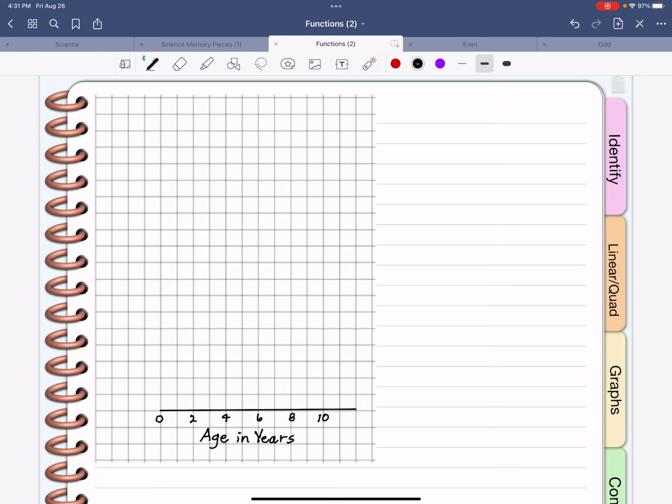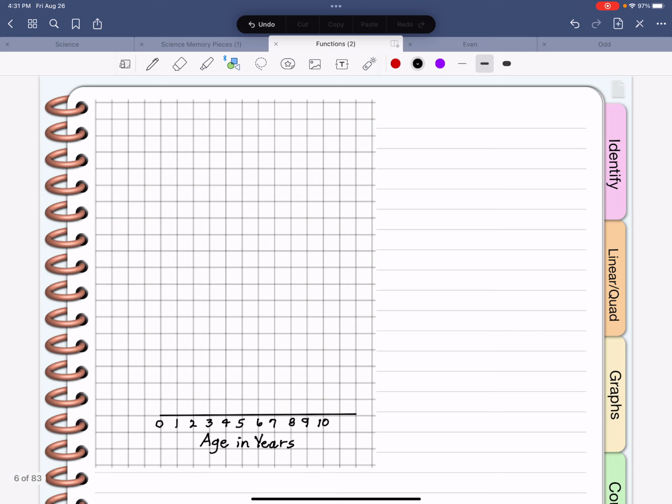So up to 10 years old, we have a marker, a label. We could plug in these missing values. They've just left out the odd numbered years for easier to read graphs. But it is scaled in single years. Each line over is 1 year older.